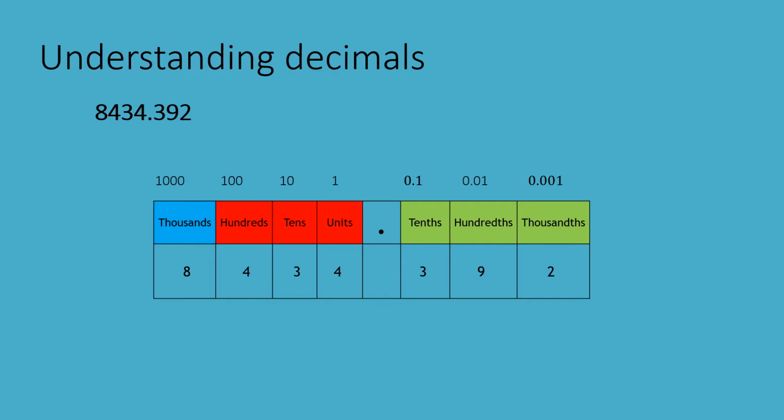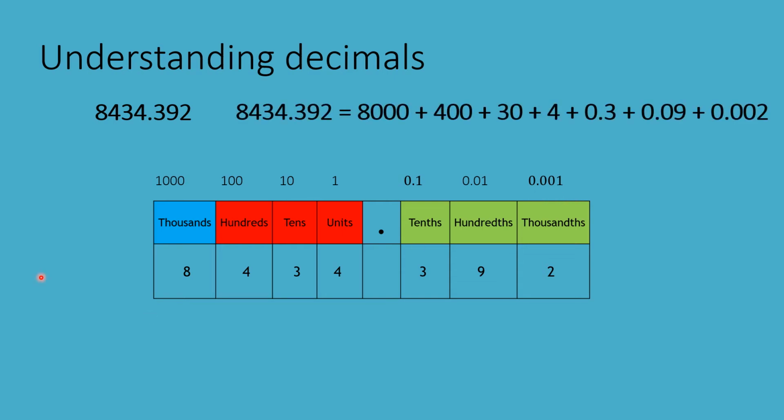So we have 8 thousands, 4 hundreds, 3 tens, 4 units, 3 tenths, 9 hundredths, and 2 thousandths. So if we were to add up each of the respective columns, we'll just get the original number, 8,434.392.